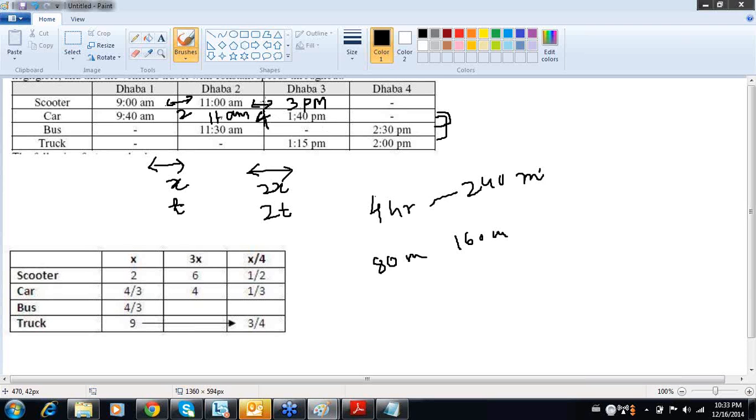Okay. Now see, what is the ratio of speed between scooter and car?